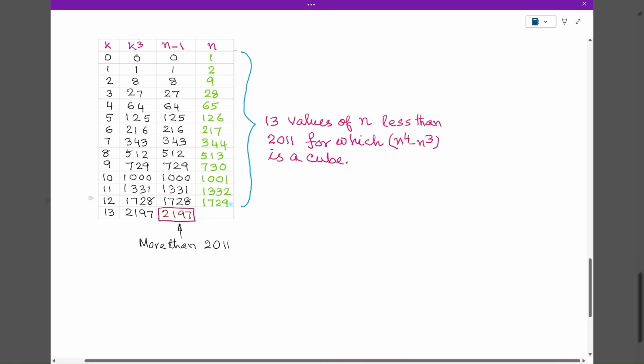Note that all these values are less than 2011 and there are a total of 13 values. So 13 values of n are less than 2011 for which n^4 - n^3 will be a cube. So this is the answer. Thank you.